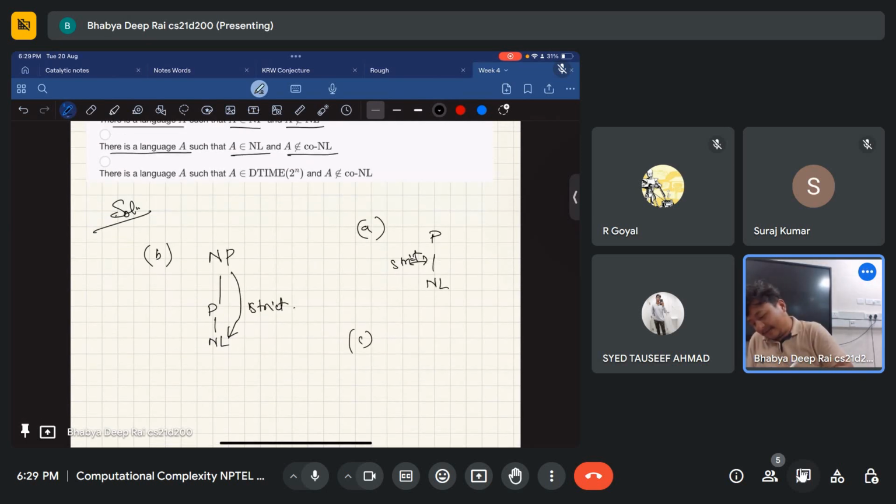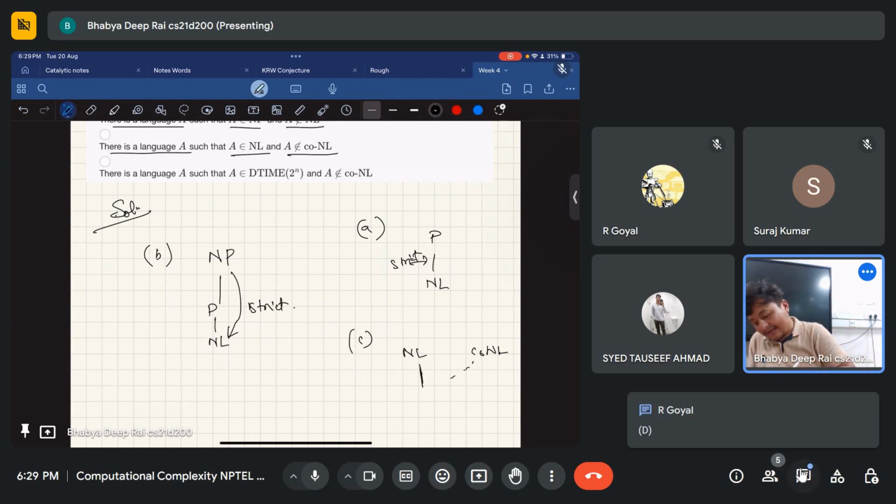C is saying NL and co-NL, and we don't know whether they contain each other. There is a language A in NL but not in co-NL. Something is here that is not here.